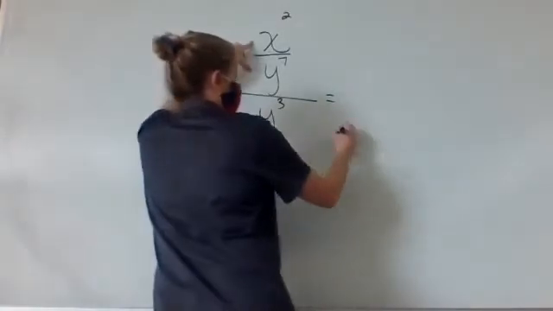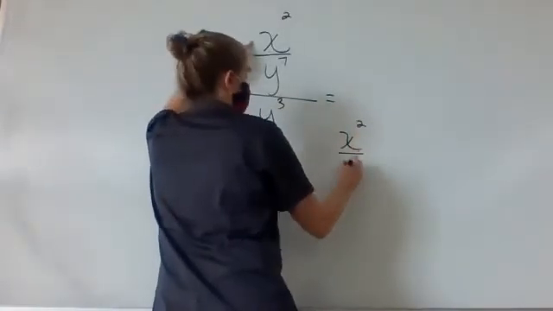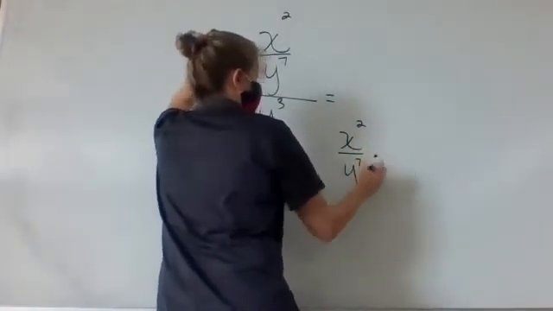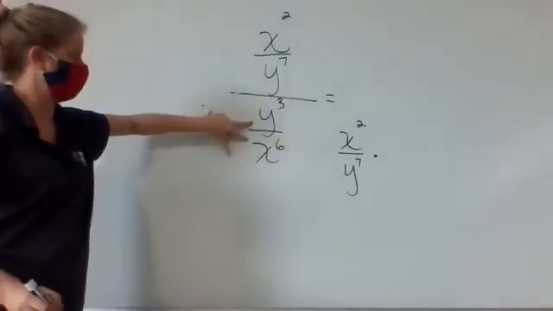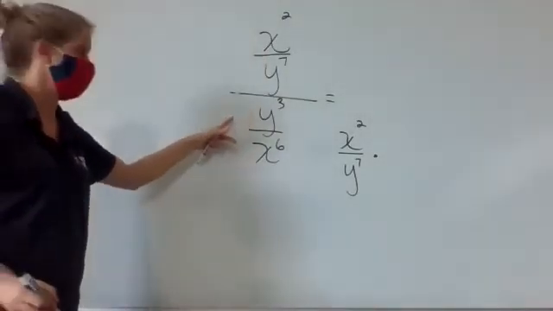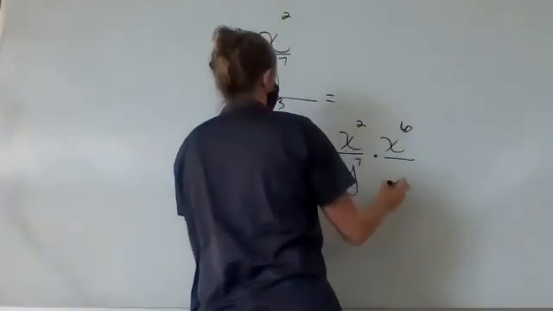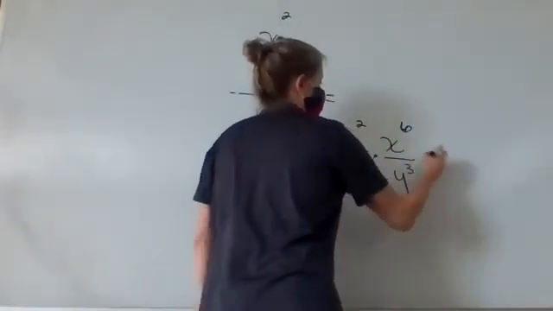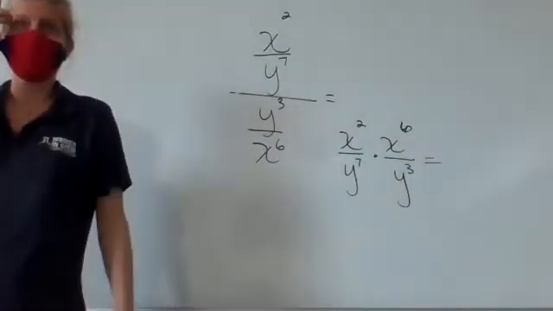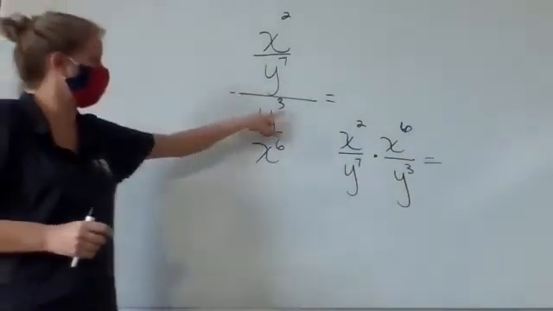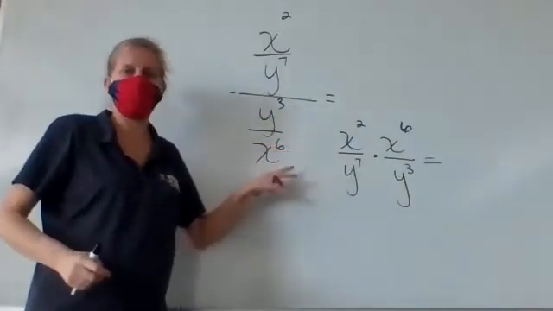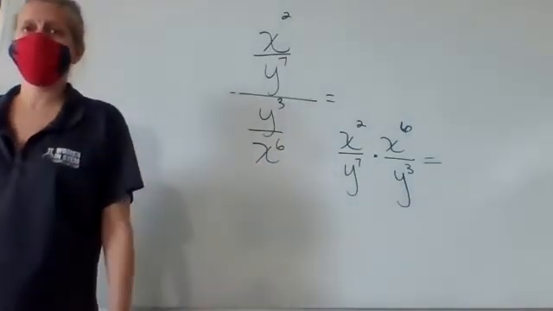So I have x squared over y to the 7th times, flip this one, so it'll be x to the 6th over y to the 3rd. Right, so I just turn the division into multiplication and I flip the bottom fraction.